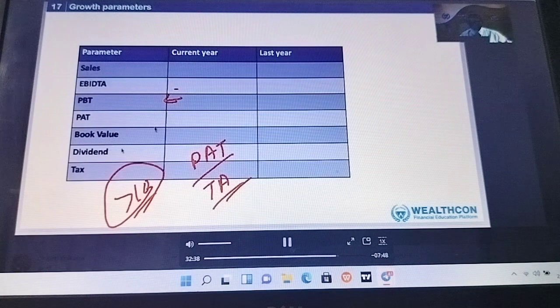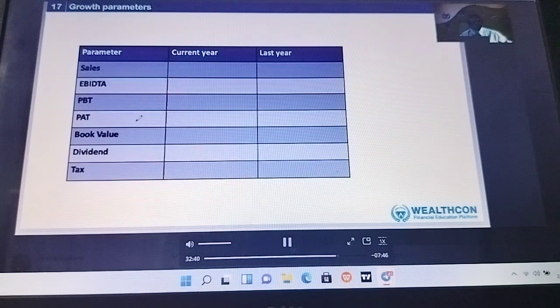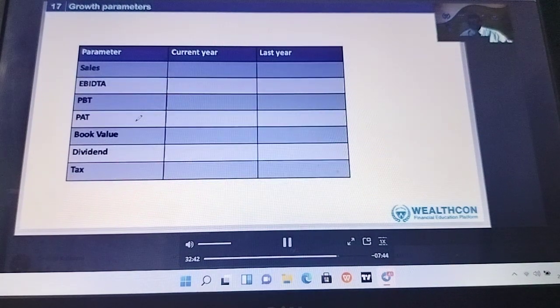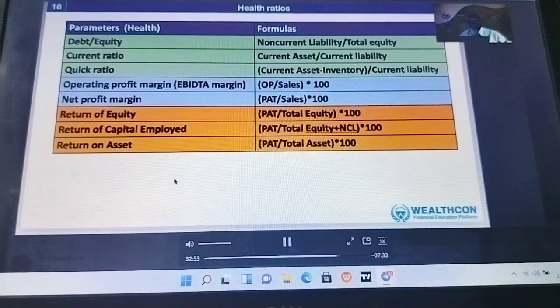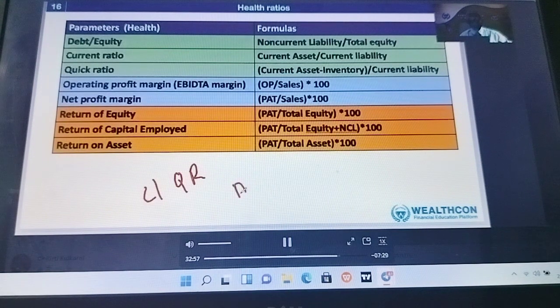I told you the general outline. When you start studying yourself, you might find industry specifics and, based on that industry, which is the best. These are the health parameters. So what are the bad health parameters? Is the quick ratio less than 1? Bad. Debt ratio more than 1, it's bad.